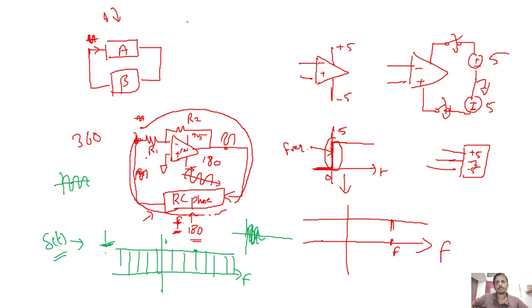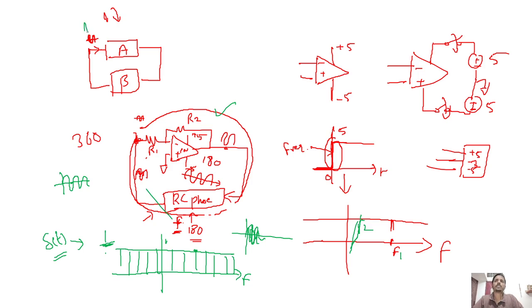If this circuit can act as negative feedback at a different frequency, say f1 is the oscillating frequency and the frequency available is f2, it won't be positive, so it won't oscillate. So how is it positive? That is the question.